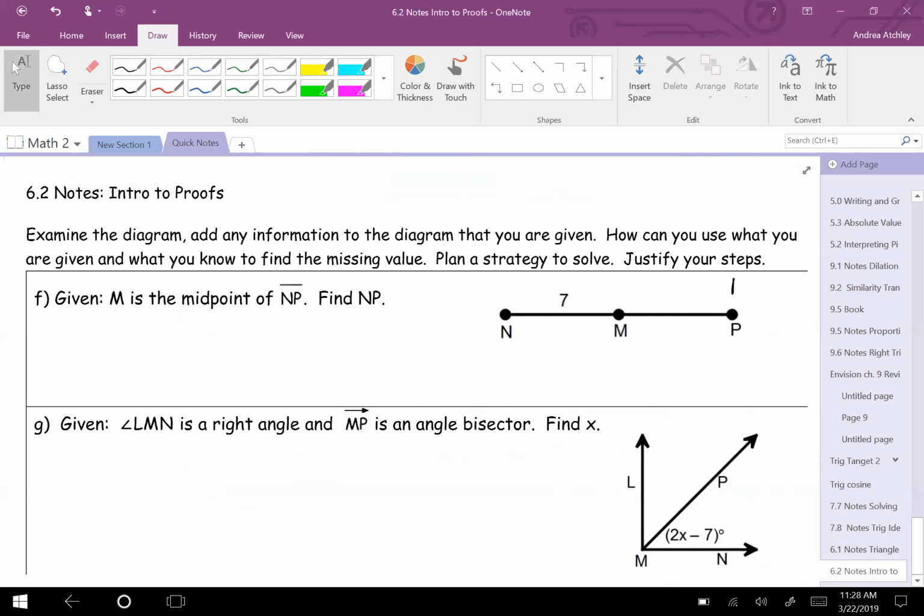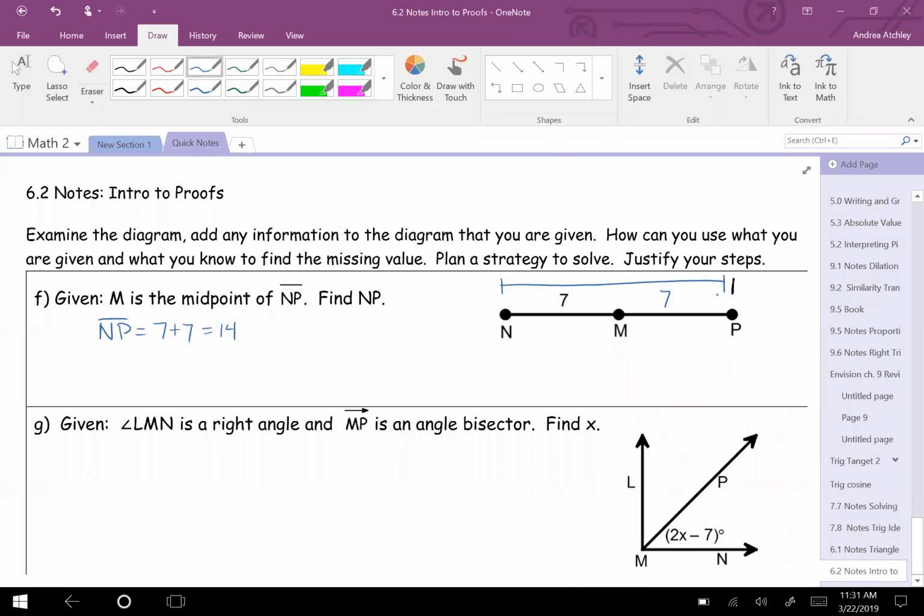Okay, try to do F in your pairs and find the reason. Okay, so most of you came up with NP is equal to 7 plus 7, which was 14, right? They wanted you to find that whole thing. And that whole thing is those two parts added together, right?